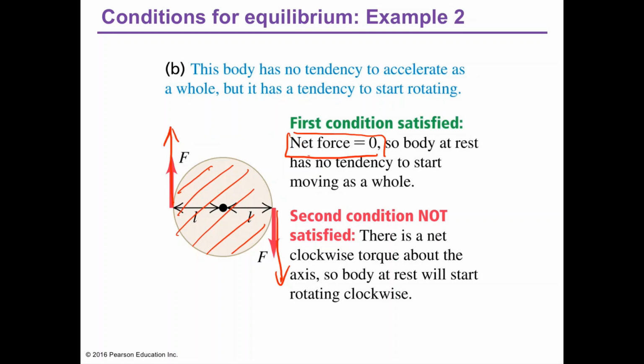If you look at the center of mass of this extended body, there's no tendency for the center of mass to move. However, when you look at the second condition, whether this object has any tendency to rotate, you will find there's actually a net clockwise torque about the axis.